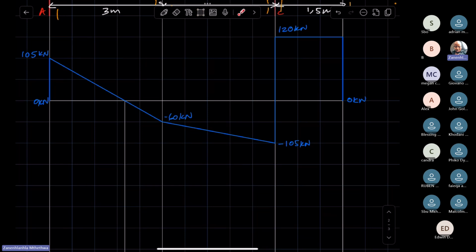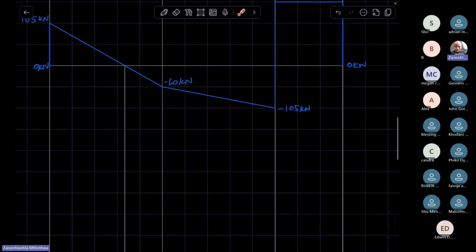It is critical that we calculate the bending moment at this point because the beam might be experiencing the most bending there. Why this point? Because remember, where the shear force is equal to 0 is where the beam is most likely to experience the most bending. Are we clear?